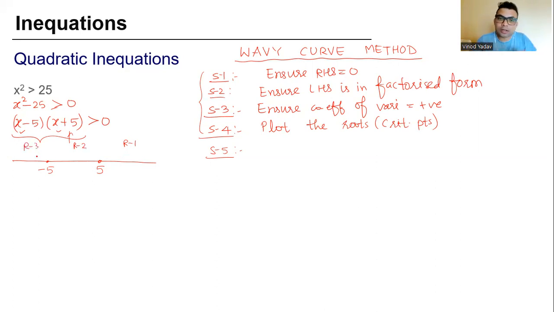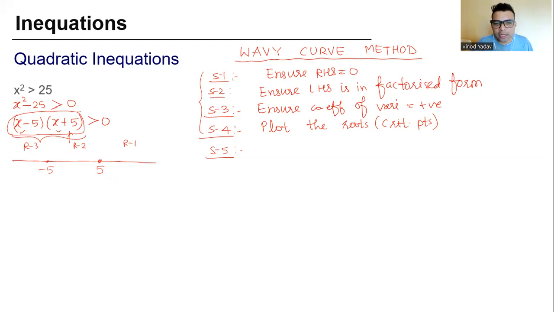The third region is to the left of -5, which means less than -5. Let's see how the entire expression, (x minus 5) into (x plus 5), behaves in these 3 regions. In the first sum I'll explain in full detail; from the second sum onwards, we'll have a shortcut.